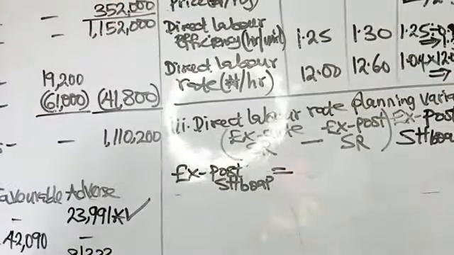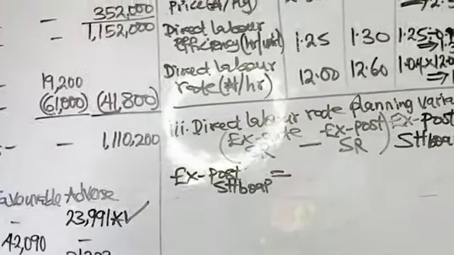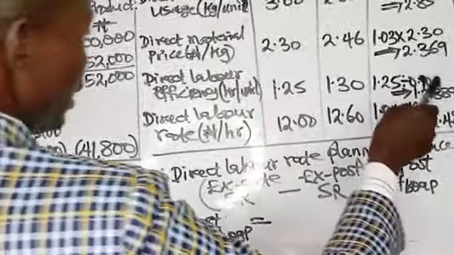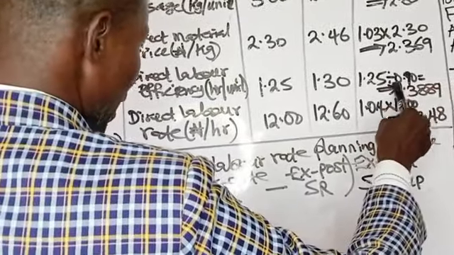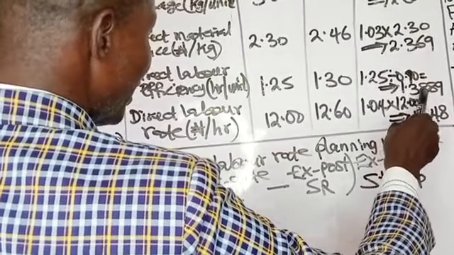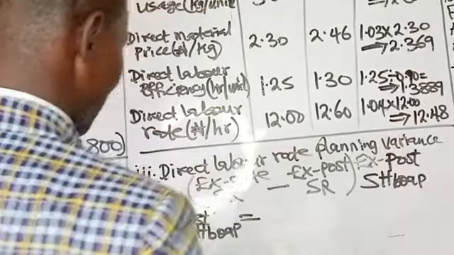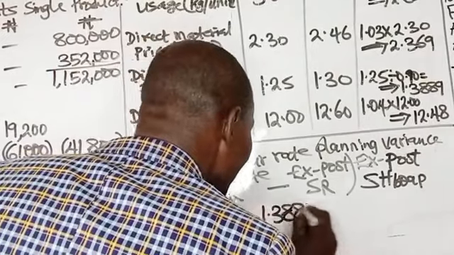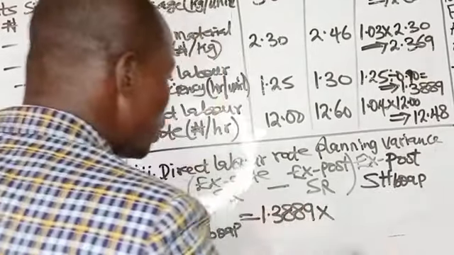So our S post standard hour, this is direct labor efficiency. This is S and T. This is S post, 1.3889 based on actual production.